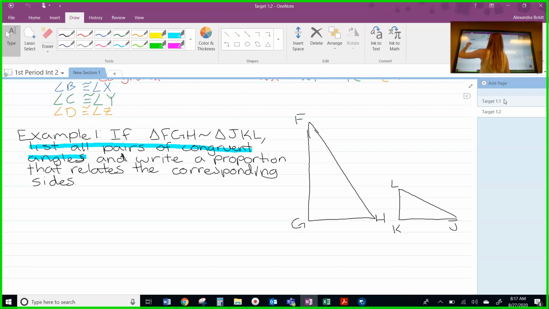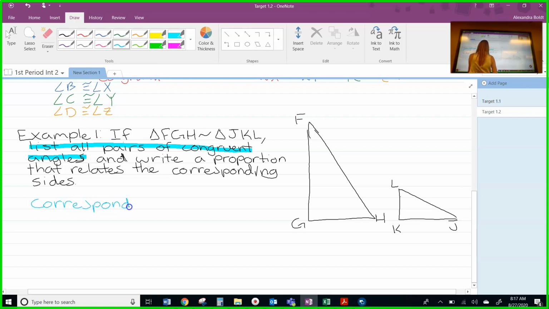I know angle F is going to go with angle J. I'm going to say I know angle F is congruent to angle J. How do I know that? One of the things you can do is use the names of the triangle.